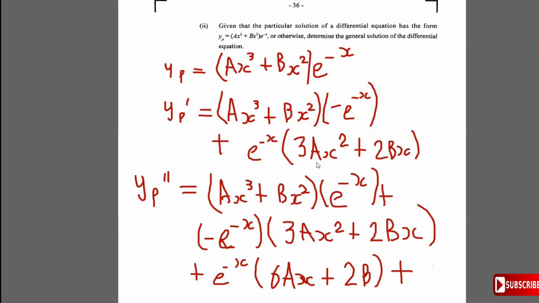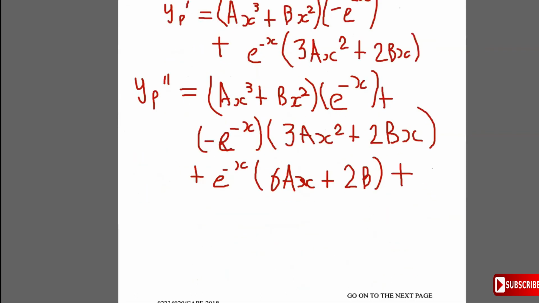keep the second now, which is 3ax squared plus 2bx, times the derivative of the first.